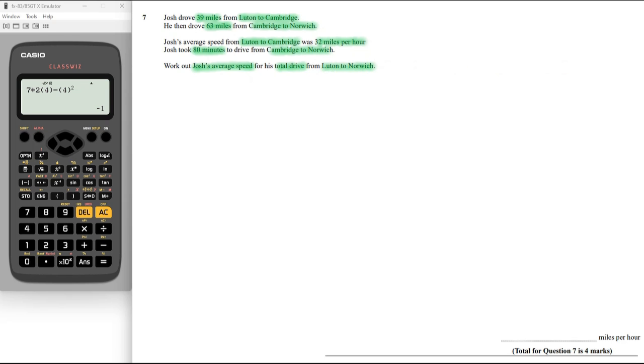So let's just remind ourselves how we calculate average speed. Average speed is going to be the total distance, and then we're going to divide that by the total time taken.